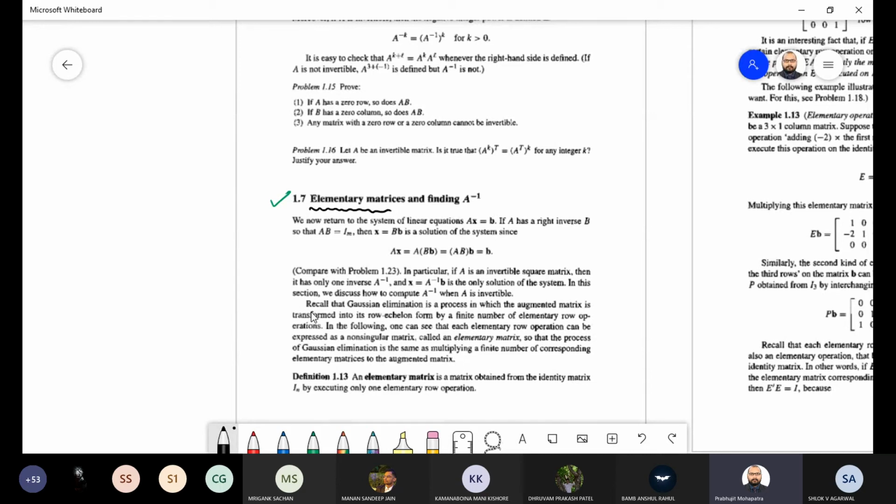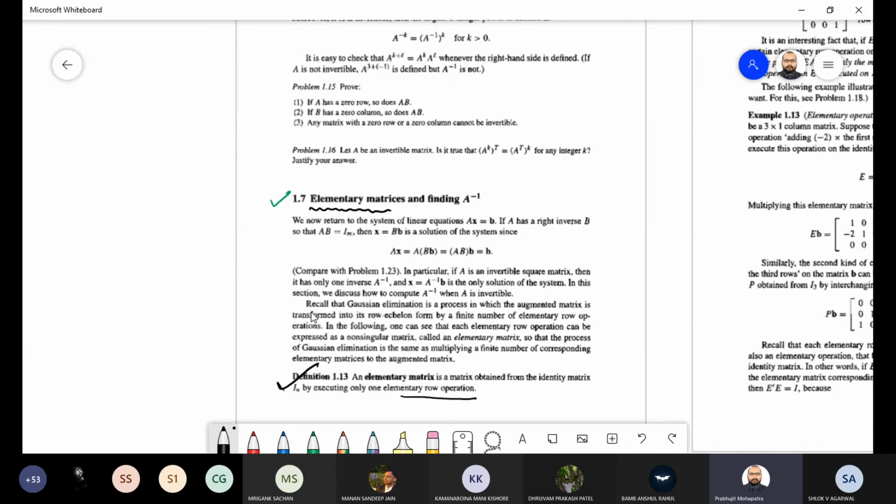Elementary matrix is nothing but a square matrix obtained from the identity matrix. An elementary matrix is a matrix which is obtained from the identity matrix using any row operation. You know what the operations are.